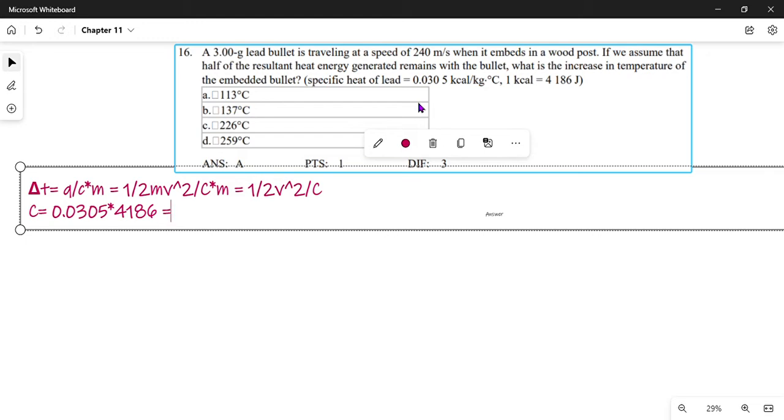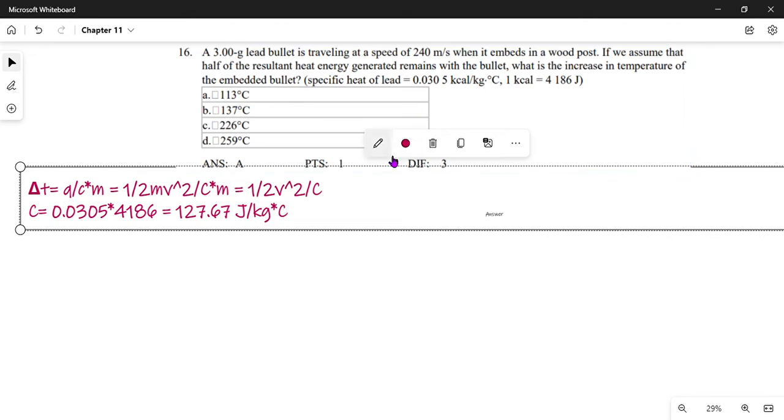So the result will be this number, 127.67 joule per kilogram degree Celsius.